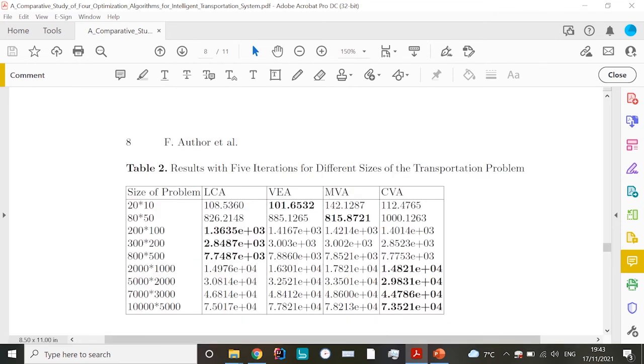Again, these are results for 5 iterations which we have in the paper.